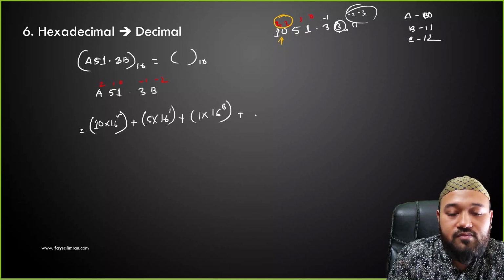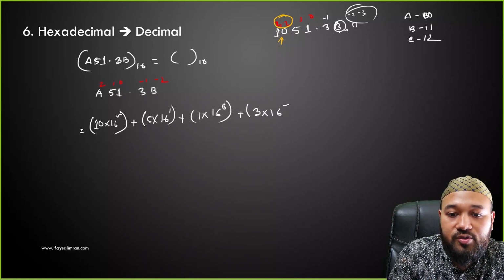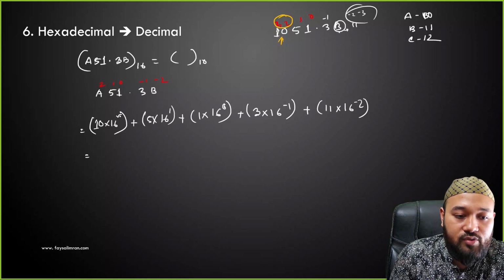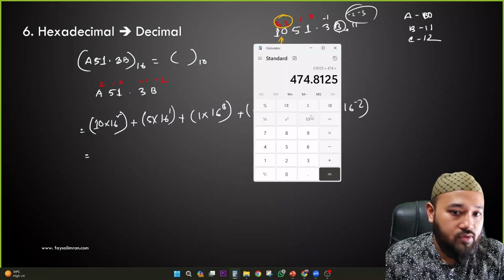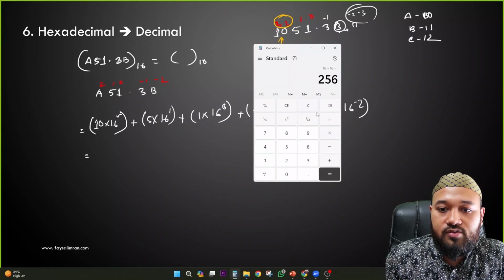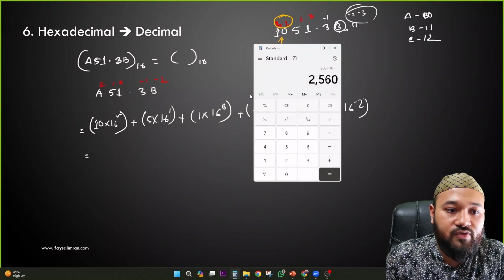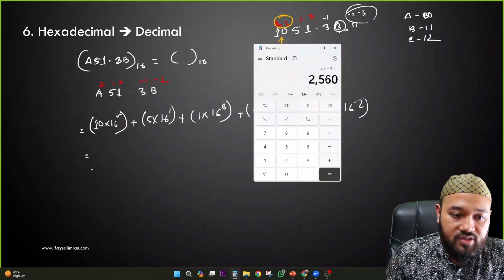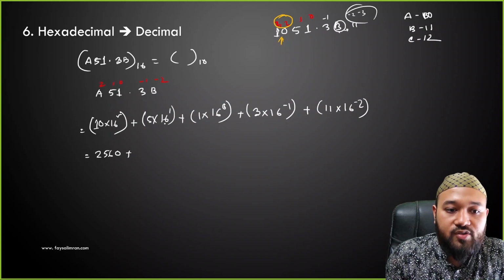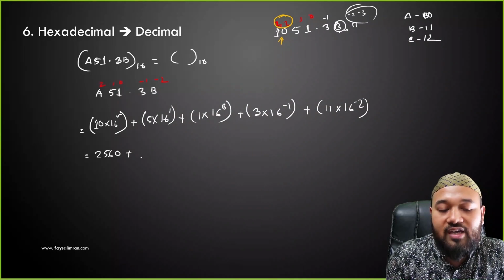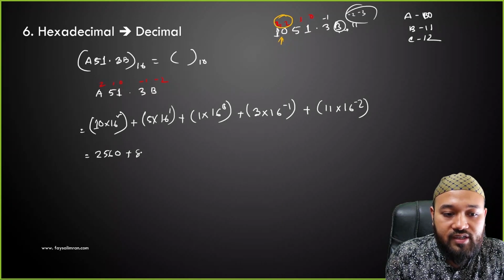plus 3 into 16 to the power minus 1, plus B, meaning 11, into 16 to the power minus 2. Here 16 to the power 2 is 16 square, that means 256. 256 into 10 is 2560, and 5 into 16 is 80.